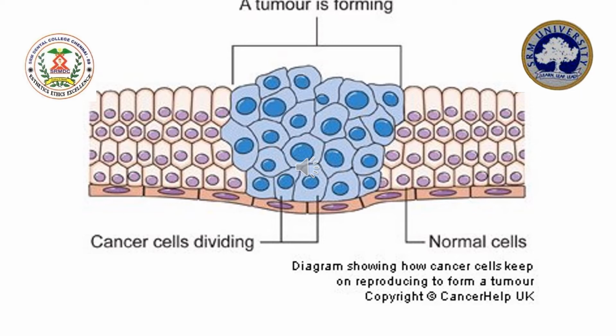It is far away from the basement membrane and has so many other irregularities. So this is the cancerous cell, which is very different from that of the normal cell. All these changes have to take place to become cancerous. So this we will be discussing in detail in the coming sessions.